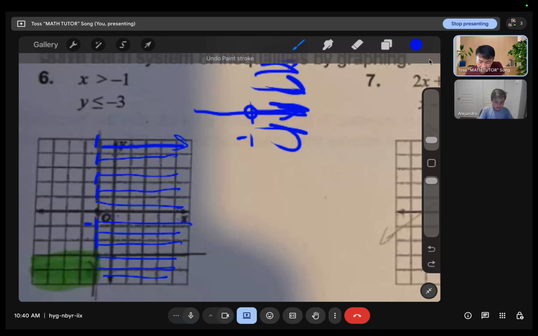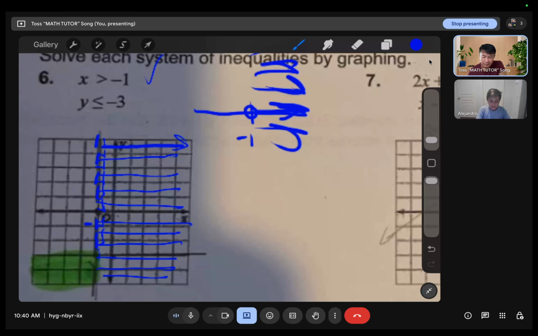I did this perpendicular to the dashed line. Why am I doing that? Well, you'll see, it's a pretty cool method. Now I'm done with my first inequality.